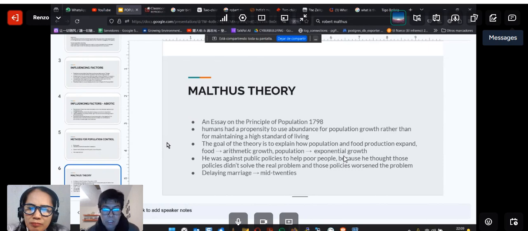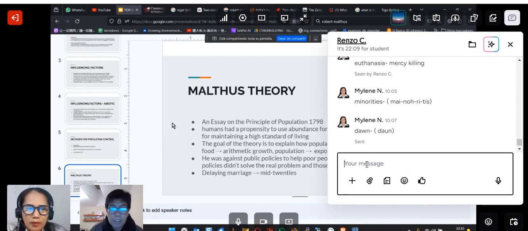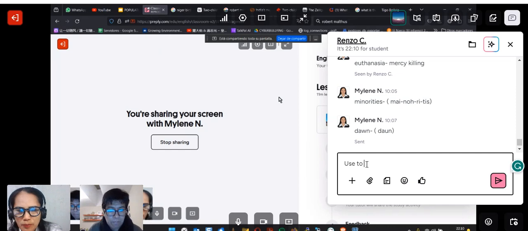So he also saw that even though there were people cultivating more and there was more food, not just food but resources, these resources were not used to improve the living standard.